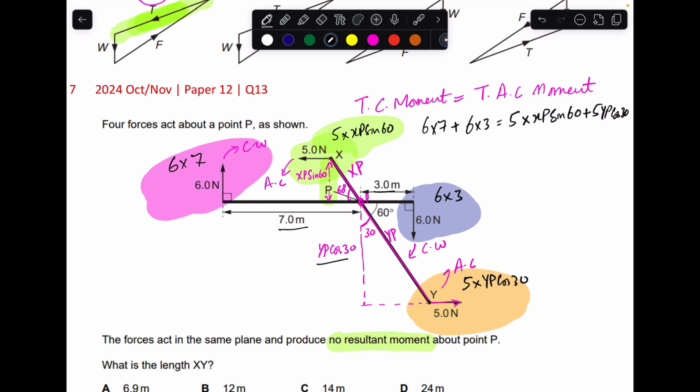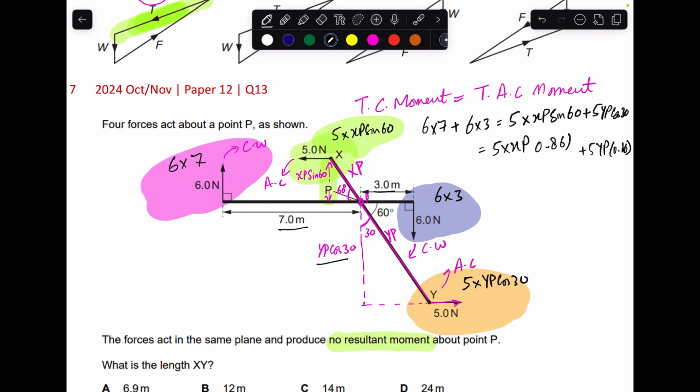Okay, so what we can do, let me calculate cos of 30. It will give me 5 into xp, 5 into yp. Cos of 30 is 0.86, and sine of 60 is 0.86.